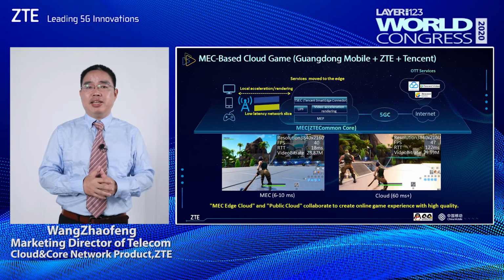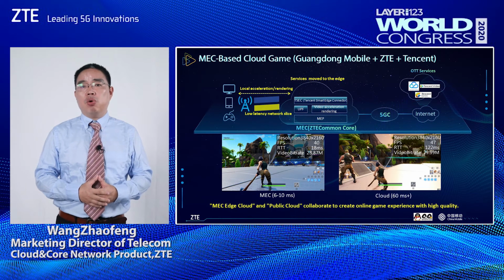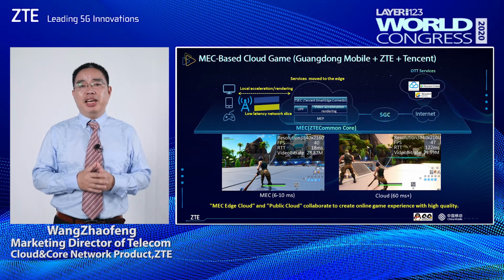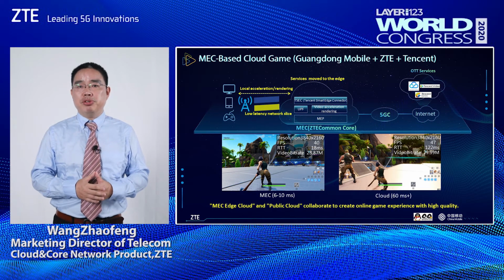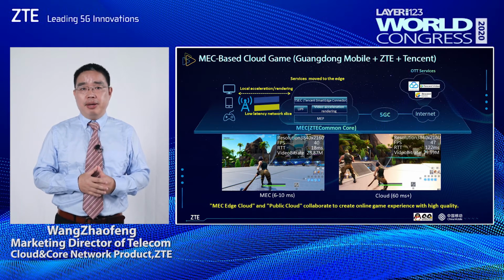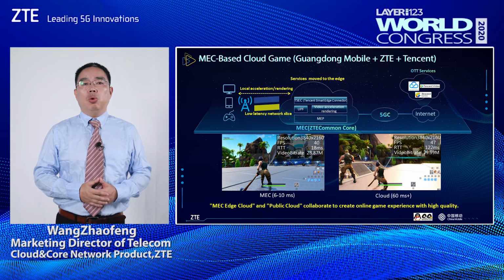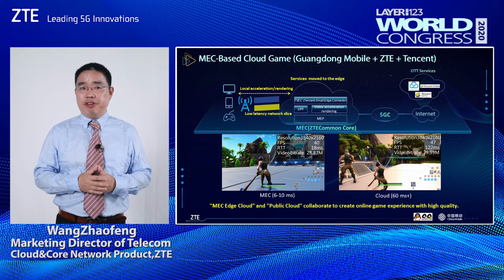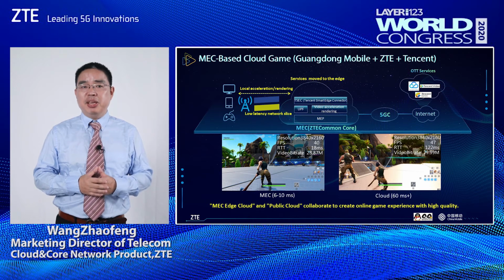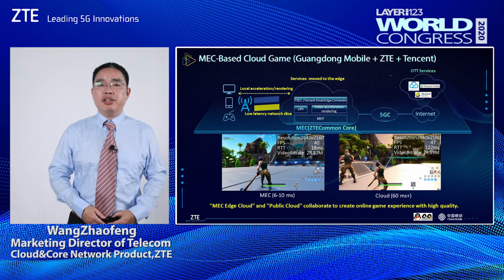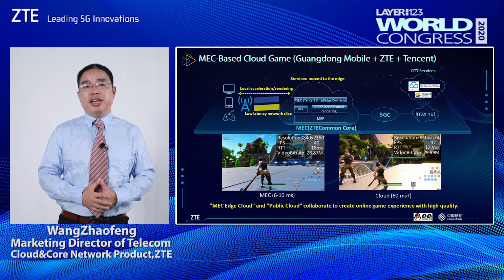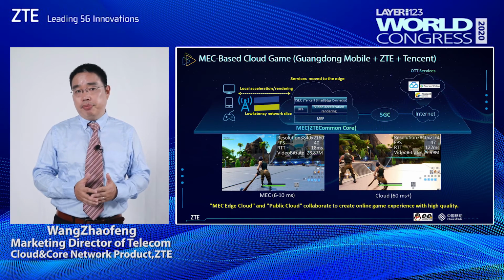Another best practice in the China market is our MEC mobile edge compute cloud game project together with Tencent Game and China Guangdong Mobile. We all know the end user fluency experience is the first priority concern in big video gaming: how to provide low latency from the remote game server to the end user.